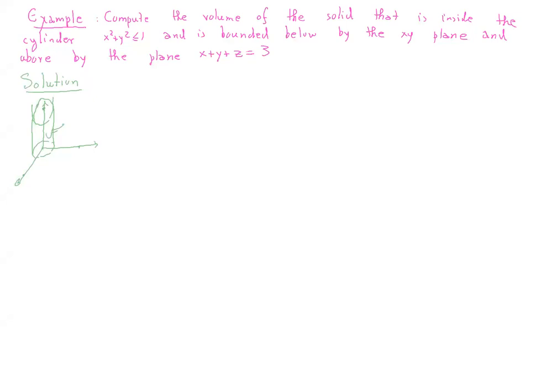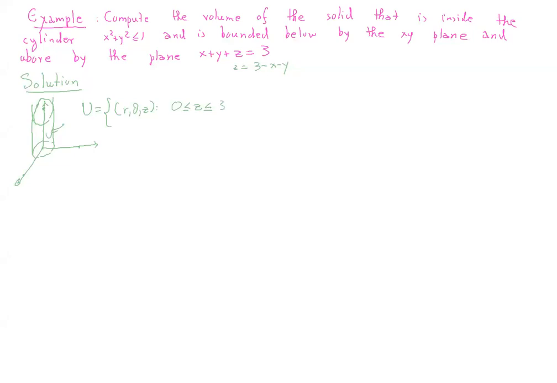So let's try to write down what this is. The simplest way to do this is to try to proceed first in the vertical direction. So z will be between 0 and what else? If you solve for z here, you will get that it's 3 minus x minus y, but you shouldn't be using x and y, right? You should be using their expressions in terms of r and theta.